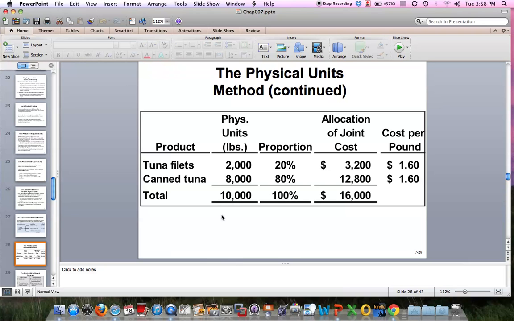So you can see the fillets are 20%, the canned tuna is 80%. The allocation works out then to be 3,200 and 12,800, multiplying these times 16,000. Remember, that's my joint cost to allocate, 16,000. And so tuna fillets gets 20% of the 16, canned tuna gets 80% of the 16, and the cost per pound is the same for both.